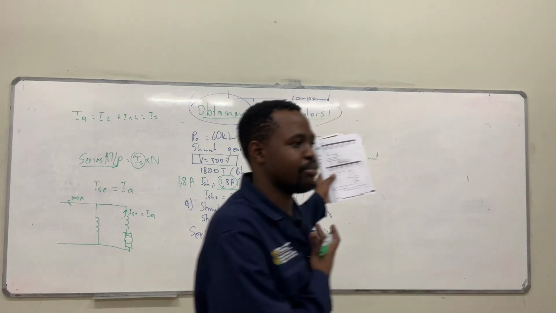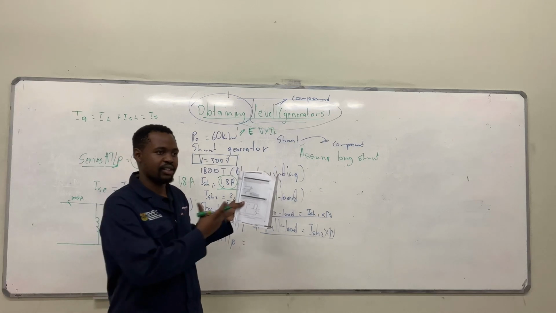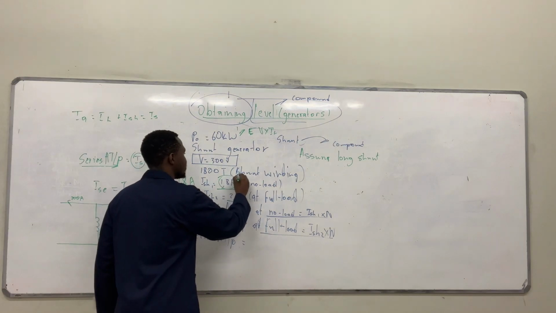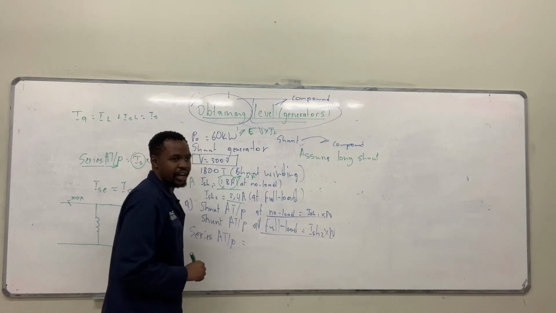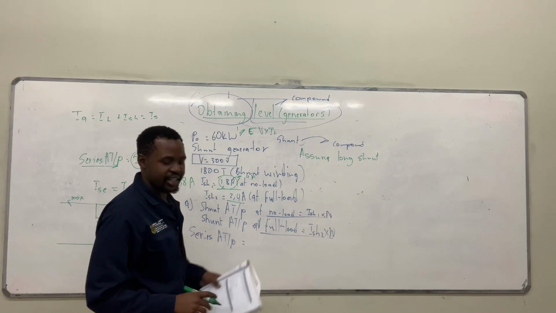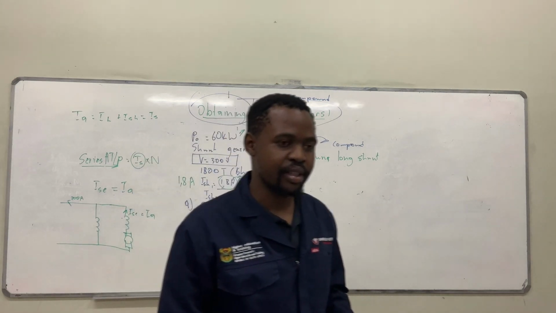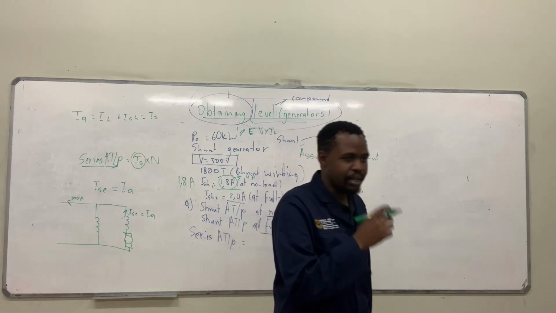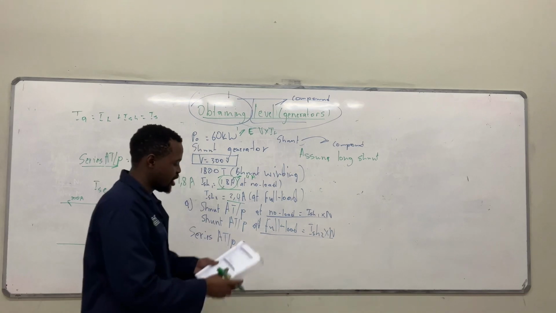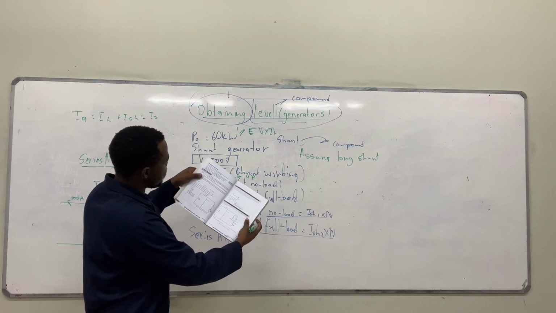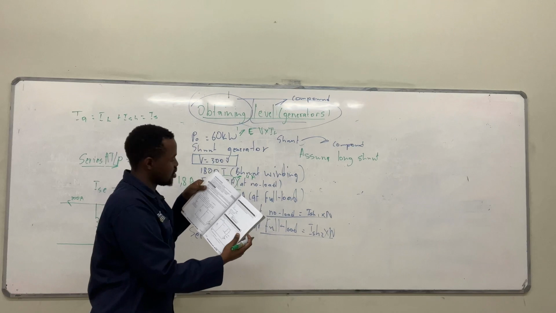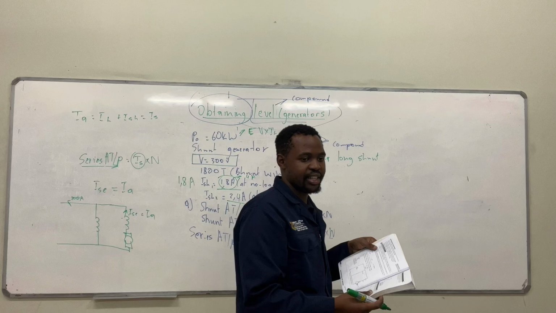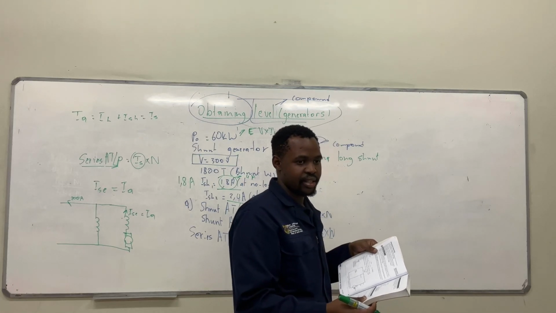So that means it's my textbook that has a typing error. No load current, what is it? It should be 1.8, because when we read the question, the no load current is written as 1.8.